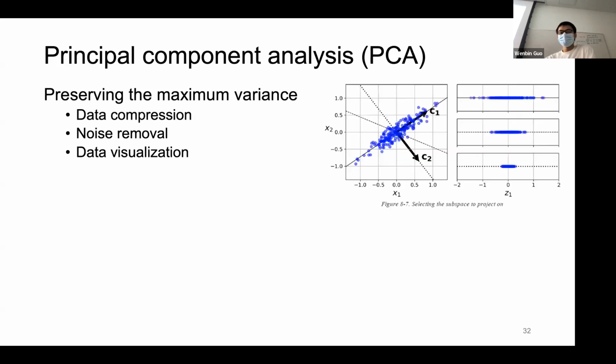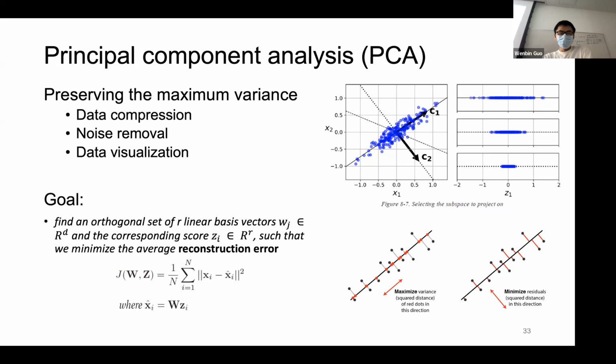One thing I want to mention is that PCA is a linear method based on a line or a plane. It's still a linear combination of different features. For example, if C1 is the principal component PC1, then C1 can be written as a linear combination of x1 and x2. So PCA is a linear dimension reduction method.